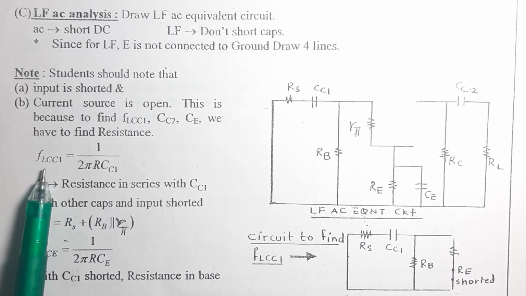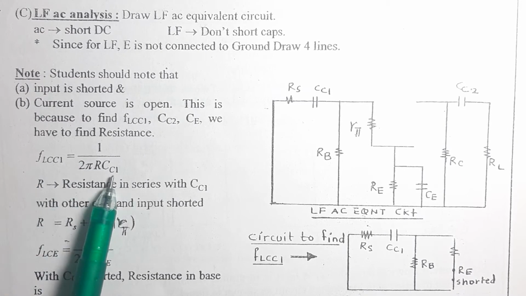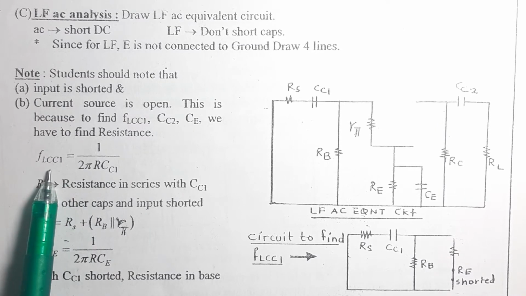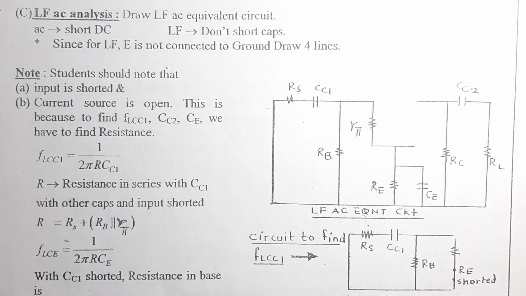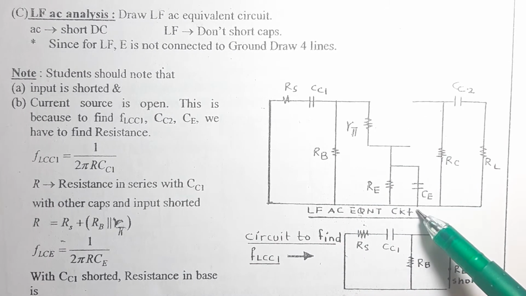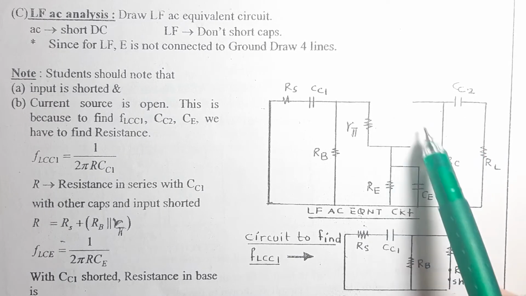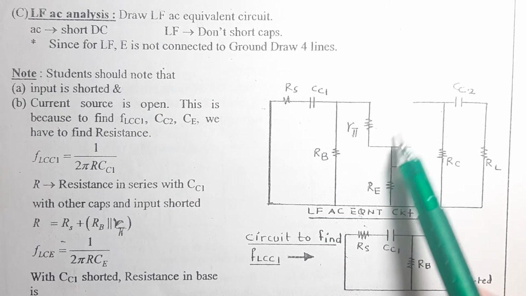Now first of all, FLCC1 is given as 1 upon 2 pi RCC1. So while finding FLCC1, that is the lower cutoff frequency due to CC1, we need to short the rest of the capacitors. So over here your CE will be shorted and your CC2 will be shorted. Either way, CC2 doesn't take part in the calculation for CC1 because it is nowhere connected in the diagram.